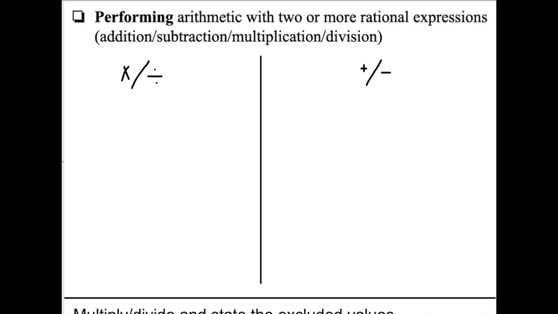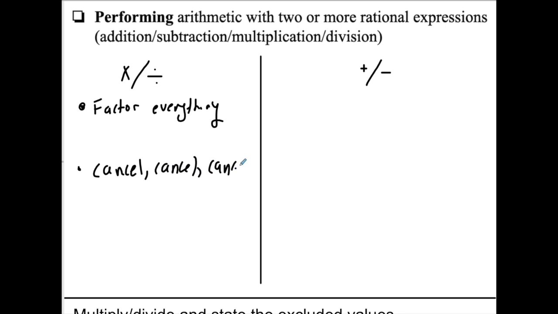But that's easier than trying to finagle your way into equivalent denominators. So when we're multiplying and dividing, the first thing we're going to do is try to factor everything. We want to do this because once we factor everything, we want to cancel. Things should start to cancel out because you should see factors that are repeating.